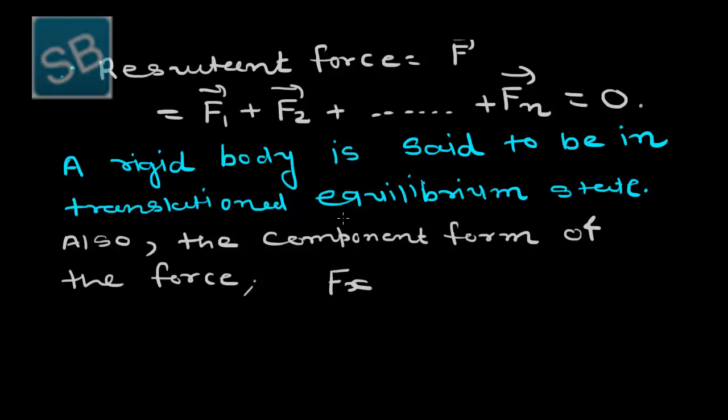For n particles, I am generally writing it as sum over i of Fxi. Also for y direction, sum over i of Fyi, and for z direction, sum over i of Fzi.